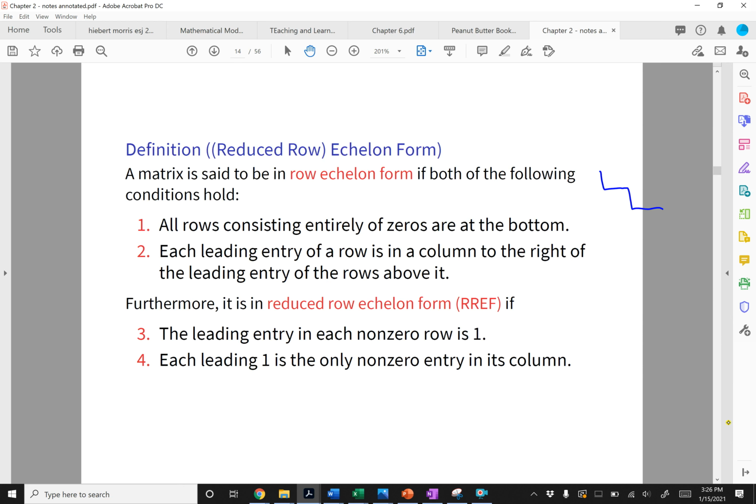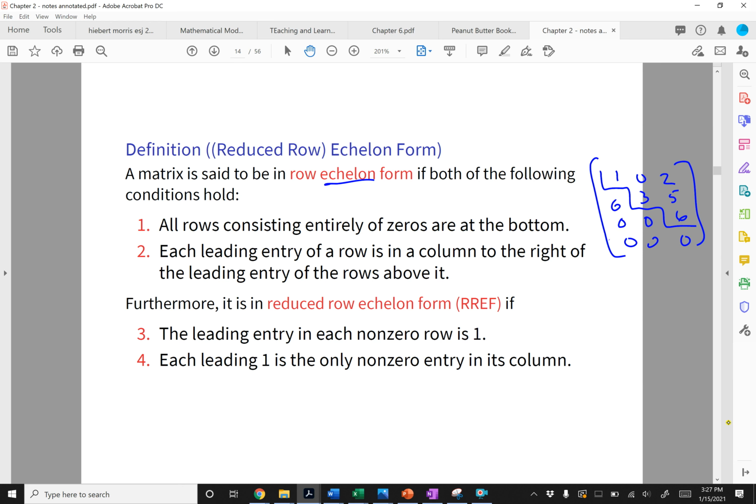Meaning we're going to have this kind of thing. Oops, wrote down too many there. So we want this effect.